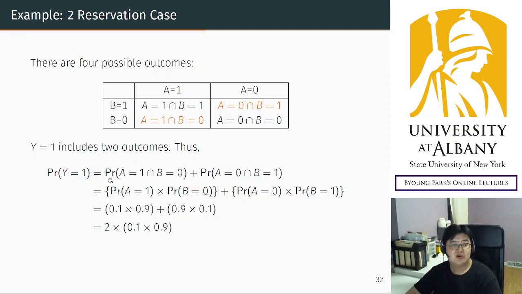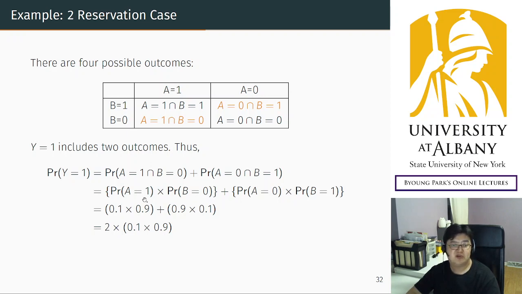And here, we are going to add this probability and this probability. And you know how to calculate this probability. The probability of an intersection can be written as a multiplication by the statistical independence. Also, another intersection, another multiplication. In the end, these two are the same probabilities, right?